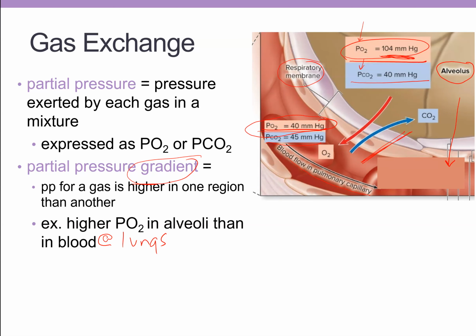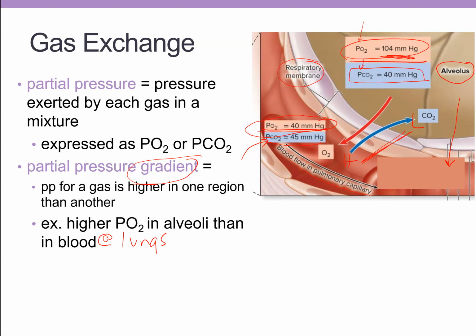And the opposite's going to be true for the CO2, because you have a little bit higher CO2 in the blood, because that's the blood that came from all over your body, your tissues, and it's picked up CO2 along the way. So you've got a higher concentration of CO2 there. And there's less CO2 in your alveolus. So you're going to send the CO2 from high to low into the alveolus.